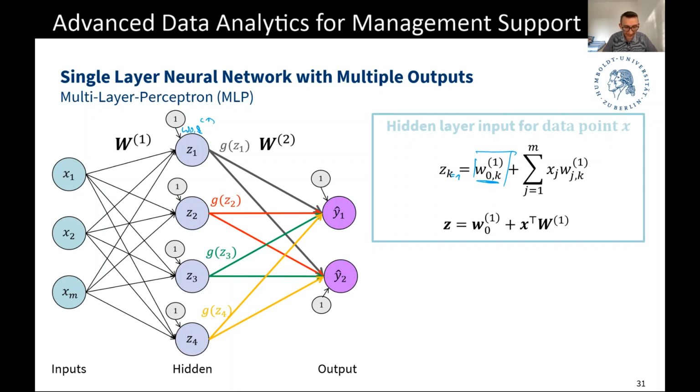And in addition, we have the summation of all our inputs, x1, x2, all the way up to xm, times their corresponding connection weight, wjk. So this is the weight from the connection of input j into hidden unit k. That's why we need the double indexing here.